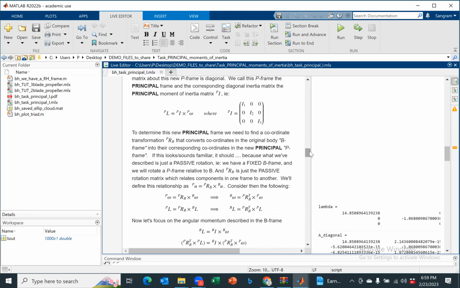Remember we talked about the vector, rotation matrices, and then angular momentum in different frames. So this gives you a very nice explanation of what happens to the angular momentum when you look at the principal frame, or the principal axis, and the non-principal axis.